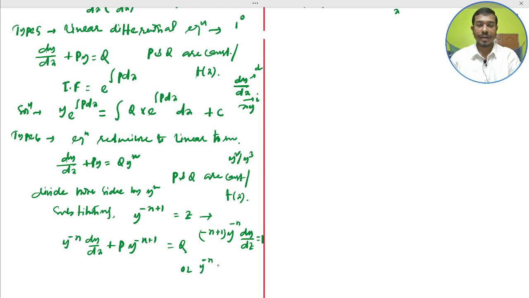So you get the value of y to the power minus n dy/dx as 1 by 1 minus n times dz/dx. Put it here, plus P y to the power minus n plus 1, that is z, and Q as it is.